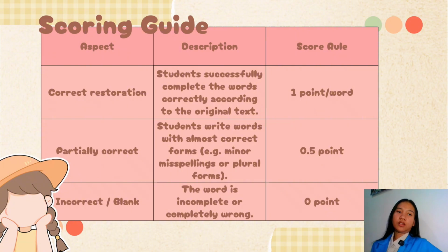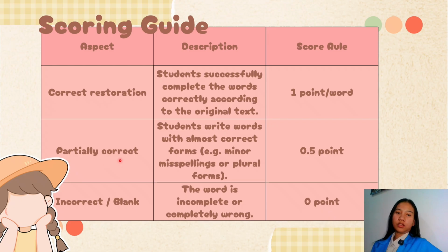Yeah, and here I made a scoring guide. It starts from aspect, description, and score rules. If correct restoration, the students successfully complete the words correctly according to the original text. So they have 1 point per word.